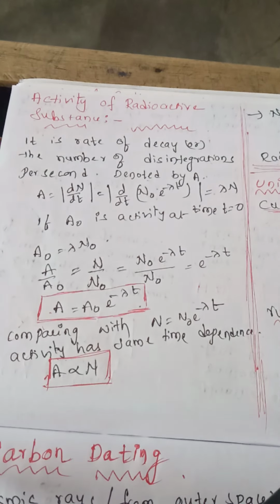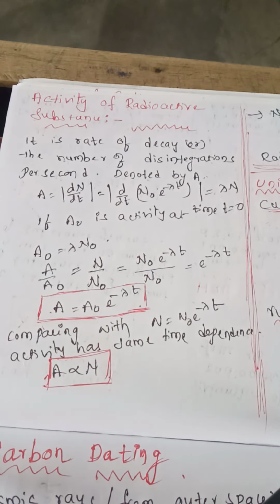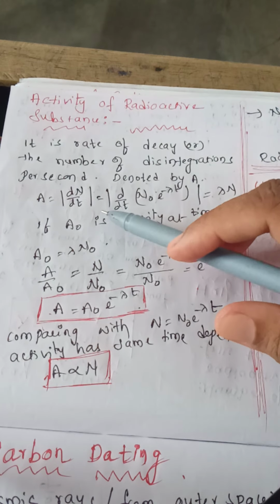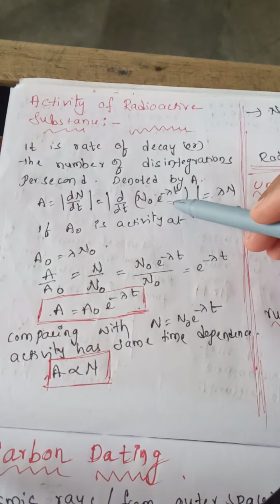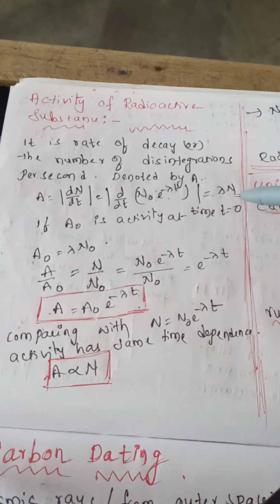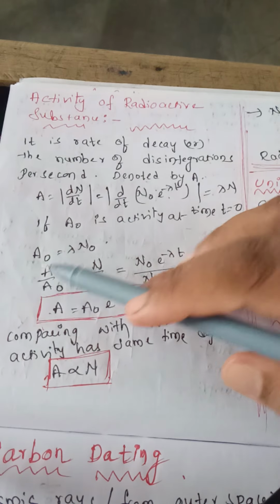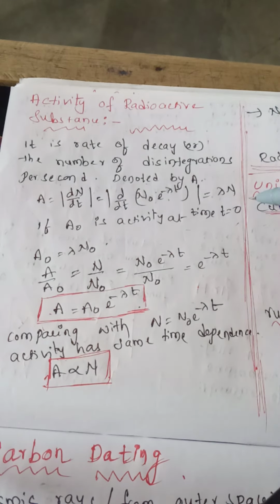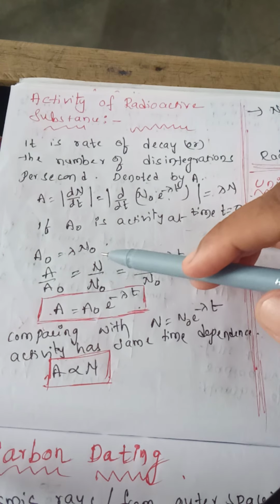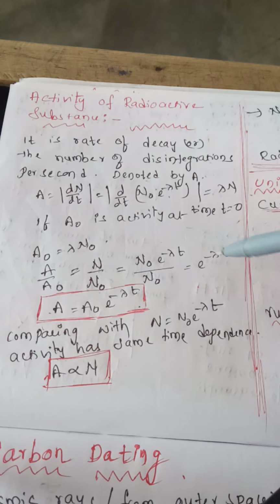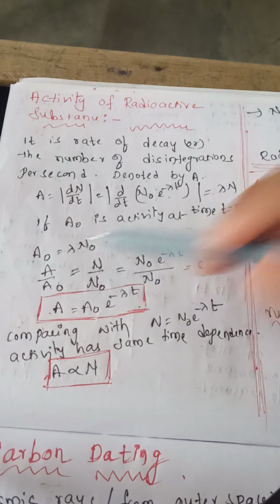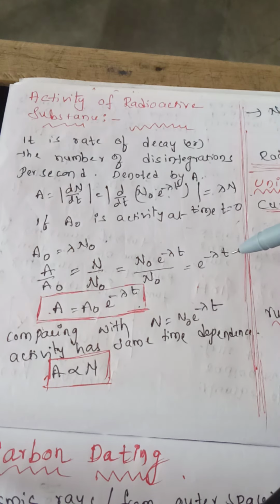Now next, let us move on to the activity of a radioactive substance. It is nothing but the rate of decay, or the number of disintegrations per second, mod dN by dt. Substituting N equal to N naught e to the power of minus lambda t, we get lambda N. If A naught is the activity at time t naught, then A naught equals lambda N naught, and A by A naught equals N by N naught, which equals e to the power of minus lambda t. So A equals A naught e to the power of minus lambda t.